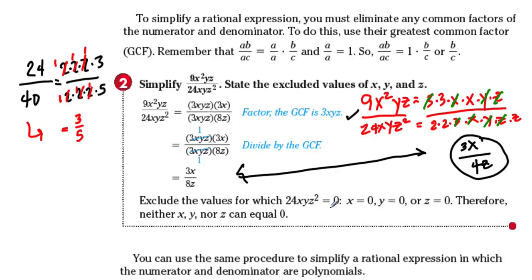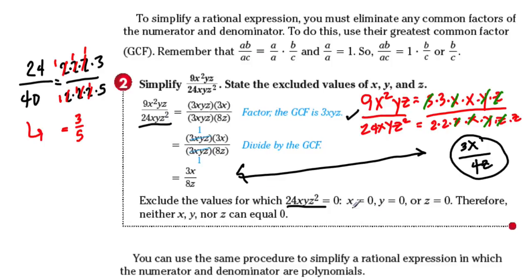But before you simplify, you need to find the excluded values for 24xyz squared. Again, let me repeat that. Before you start simplifying your rational expressions, you need to find the excluded values. And in this case, what are the values of x, y, and z which will make our denominator 0?